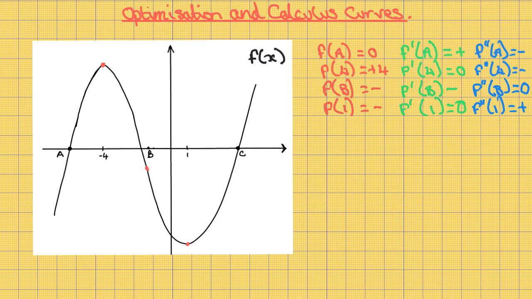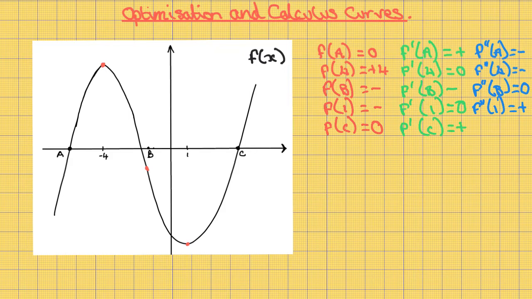And moving along to our final point, f of c is on the x-axis, so f of c is equal to 0. F dash of c, if you draw in your tangent line, it is clearly positive.